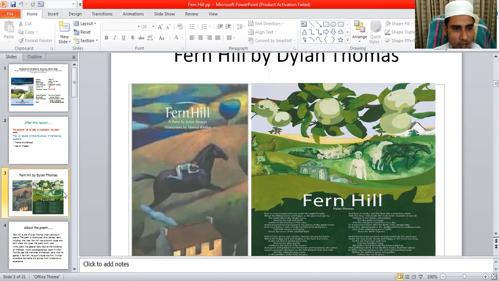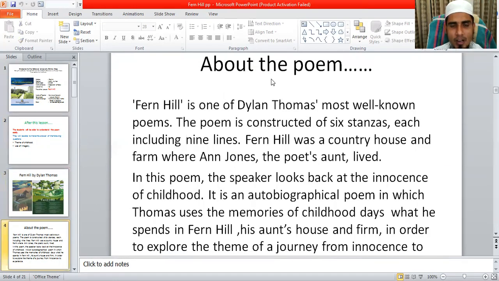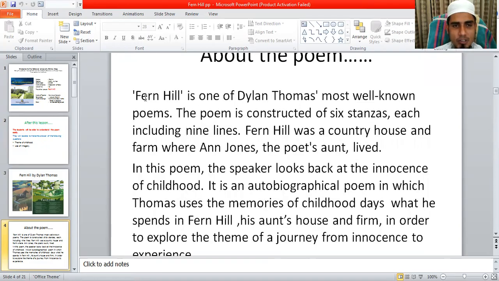Now let's start, my dear students. I would like to deliver some ideas about the poem. Fern Hill is one of Dylan Thomas' most well-known poems. The poem is constructed of 6 stanzas, and each stanza includes 9 lines.